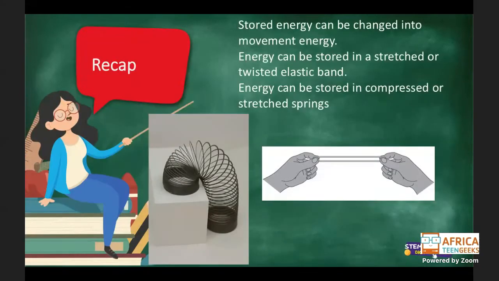Okay, just to do a quick recap. Yesterday we learned about movement and stored energy. We also learned about how energy can be stored in a stretched or twisted elastic band.